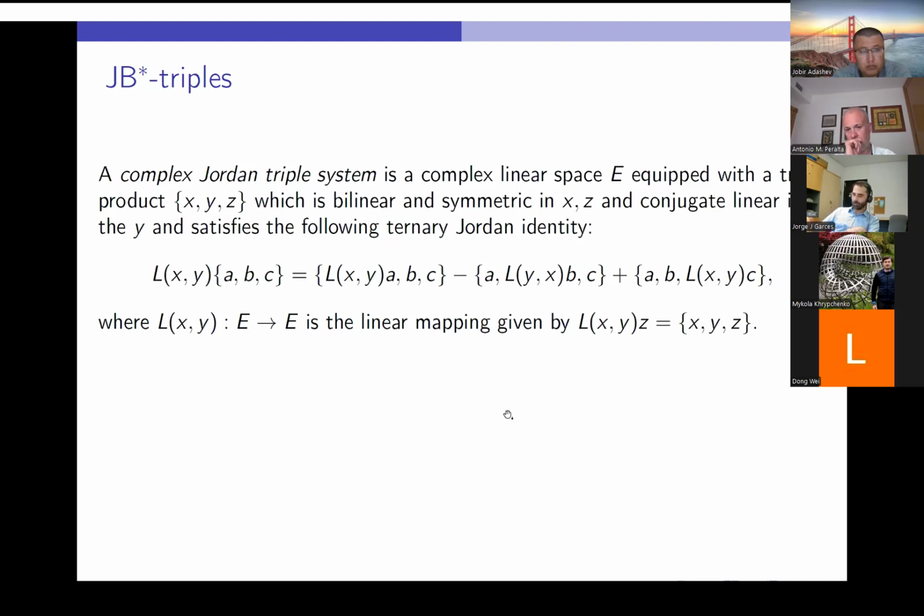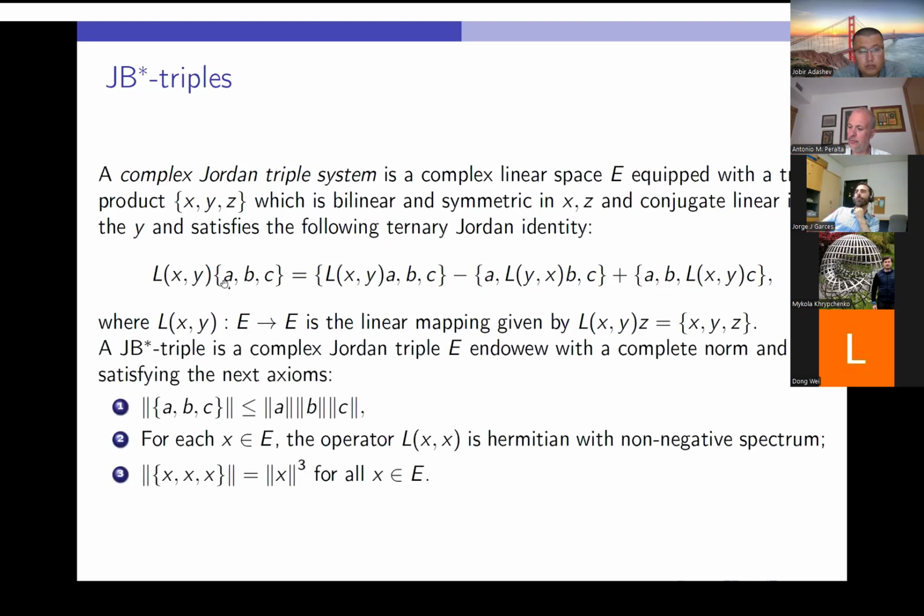But we are going even farther because we are also going to work with Jordan triples. So a Jordan triple, in our case a complex Jordan triple, is a complex linear space with a triple product that is bilinear in the outer variables and conjugate linear in the middle one, and that satisfies this Jordan identity here.